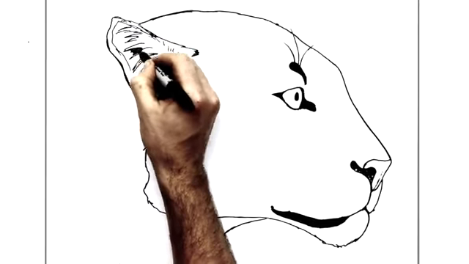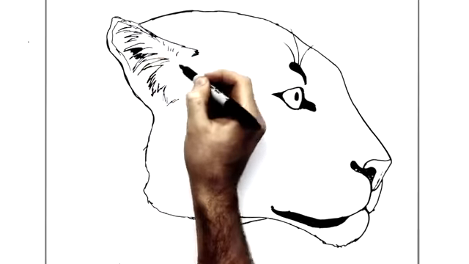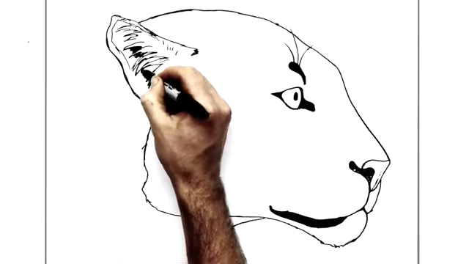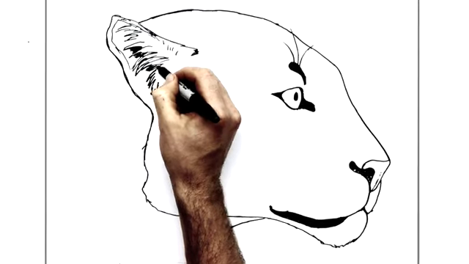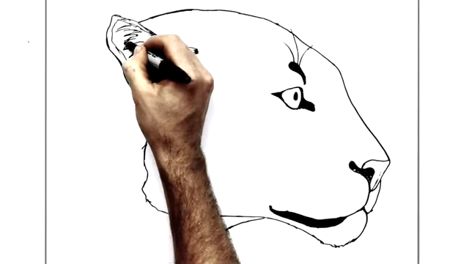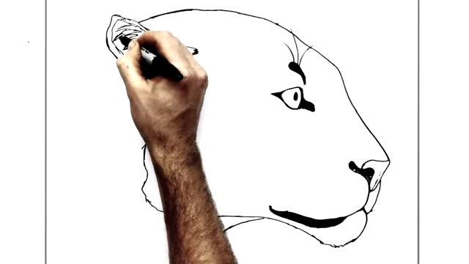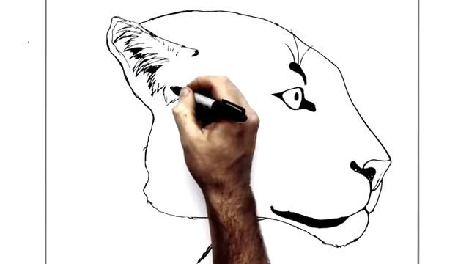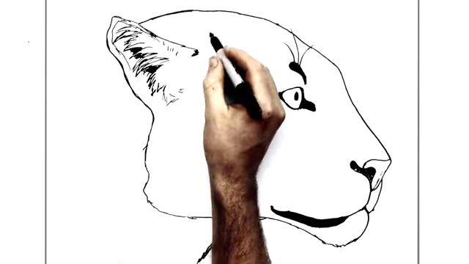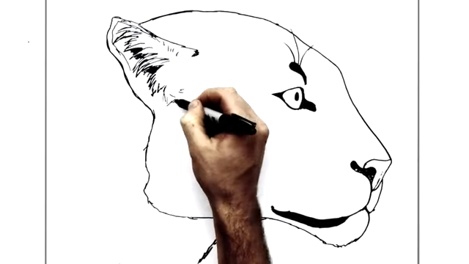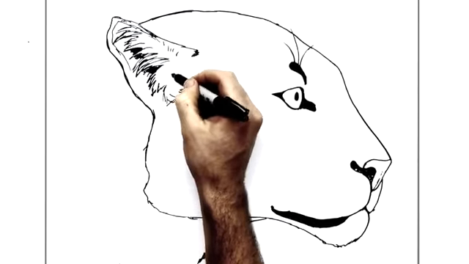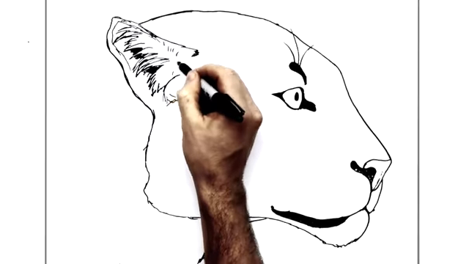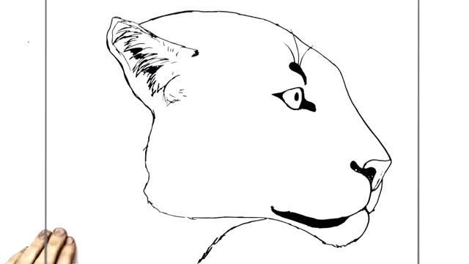And inside here you can put a shadow just to show that it's dark inside that ear. Like that.